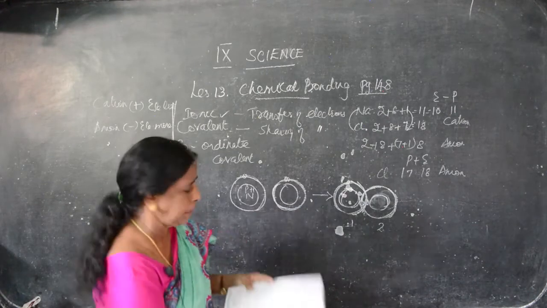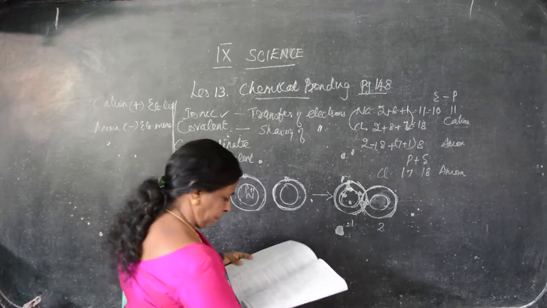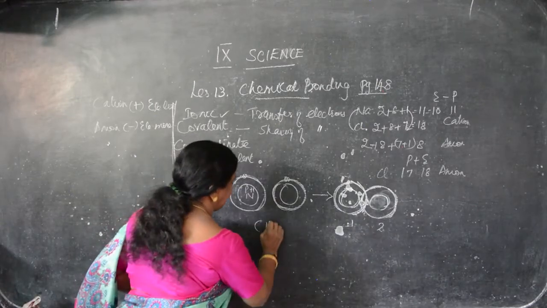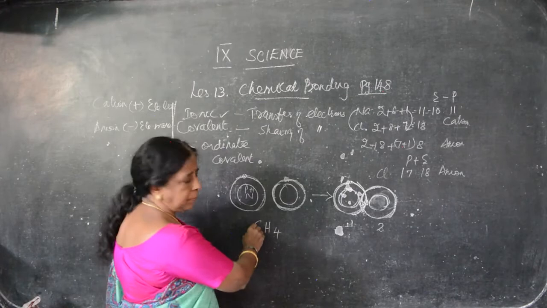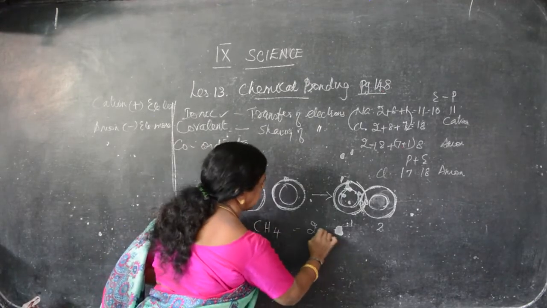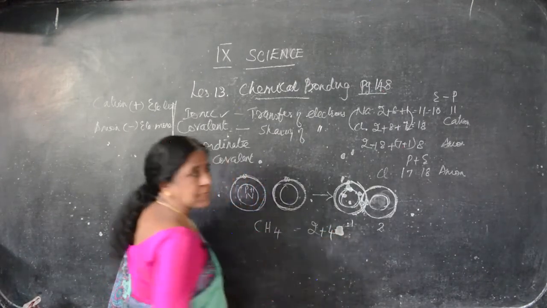There are many examples. One is methane. Methane formula is CH4. Here there is one carbon atom, its electronic configuration is 2 plus 4.